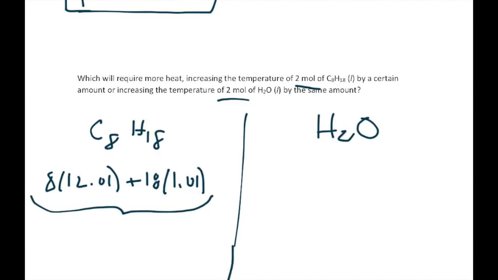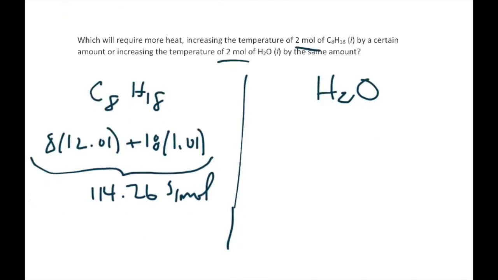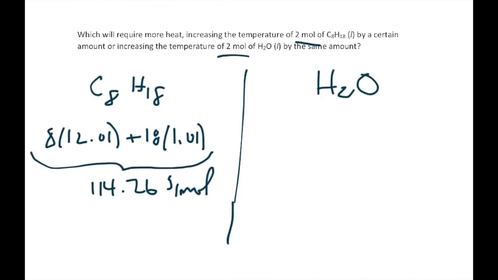Okay, so the molecular weight of C8H18 is 114.26 grams per mole. Okay, so now we are going to simply do a conversion.